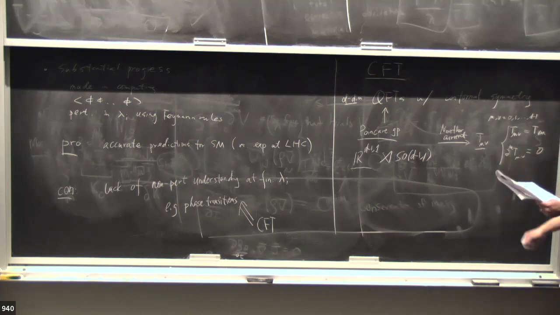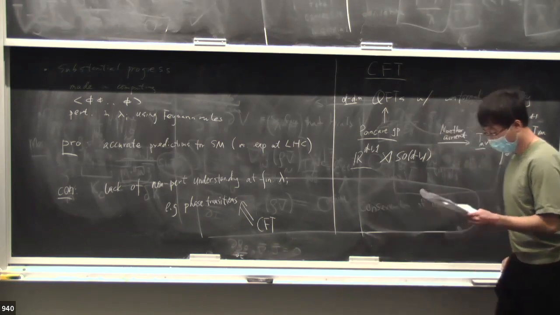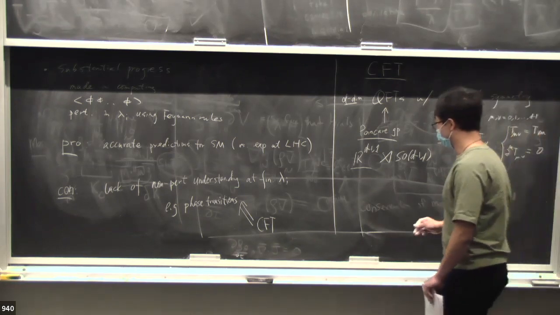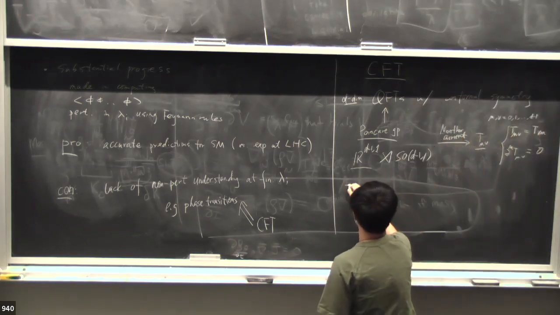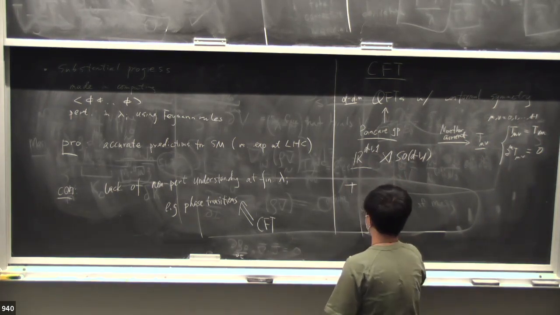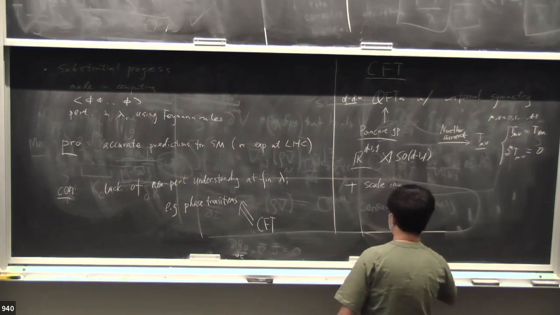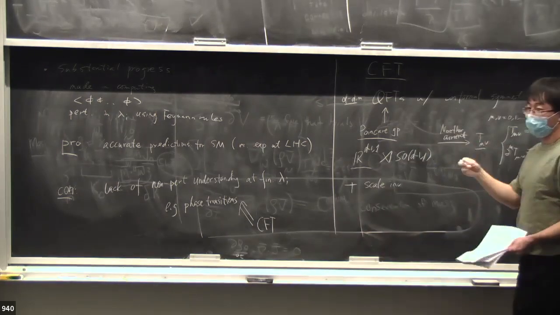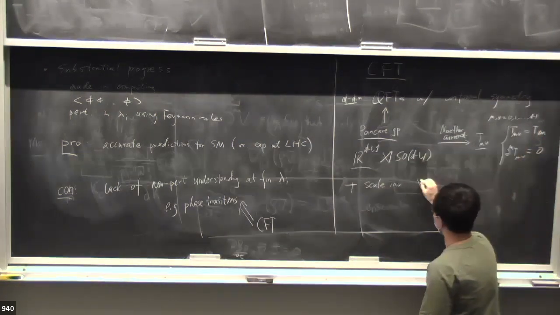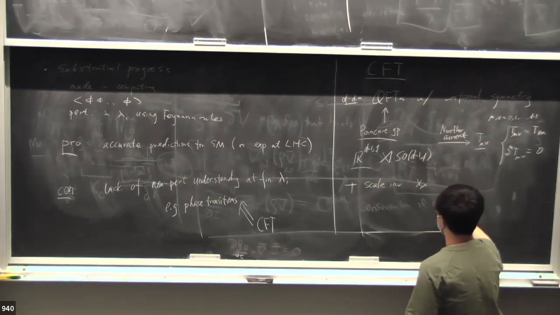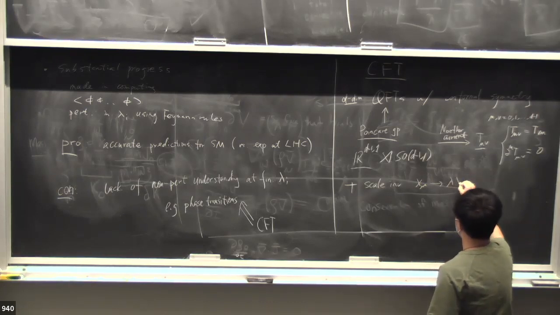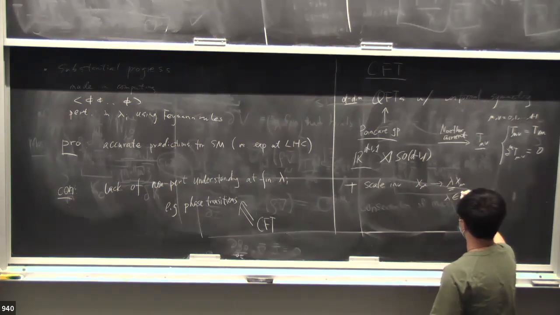And to go from a quantum field theory to a conformal field theory, you just need to require scale invariance. Okay? So if you demand, on top of the Poincare invariance, scale invariance, meaning that you demand the theory to be invariant under rescaling the coordinates by a constant lambda, a real number.